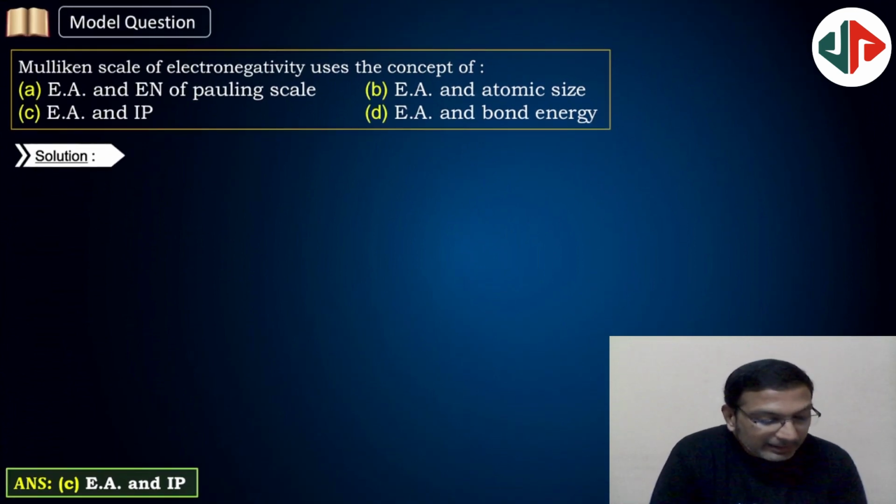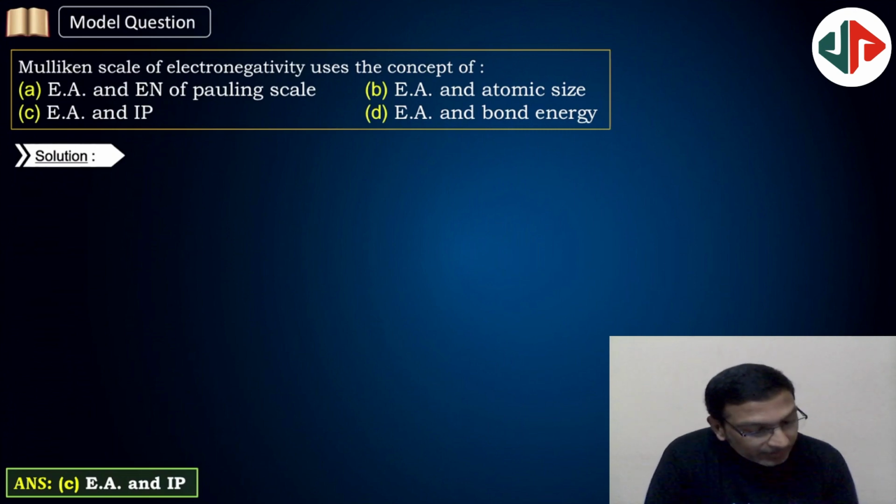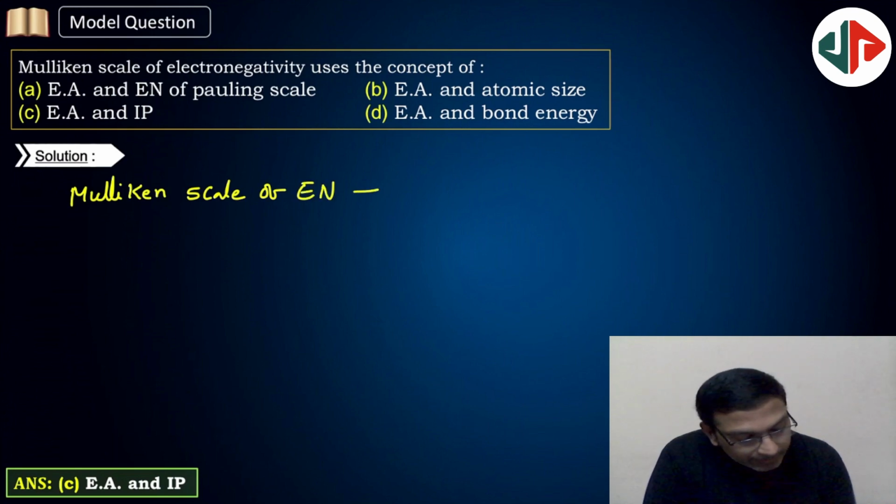See, the Mulliken scale of electronegativity depends on ionization energy or ionization potential and electron affinity.